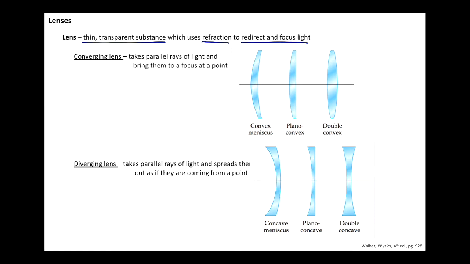And two types of lenses we're going to look at. First of all, the converging lens. A converging lens does exactly what you would expect, trying to bring light rays together. It tries to make them converge. So you can see there, if I have parallel rays of light that hit a converging lens, it will bring them to a focus at a point.